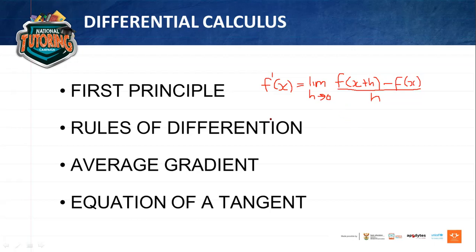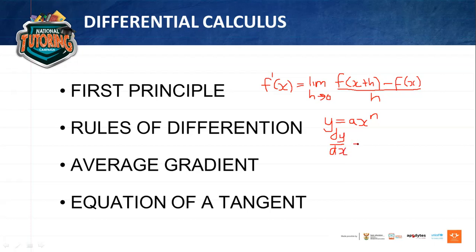So rules of differentiation, I think you guys know. Under the rules of differentiation, we have a generalized rule that if y is equal to a times x to the exponent of n, all right? So the derivative of this, if we derive it with respect to x, so dy dx, okay?